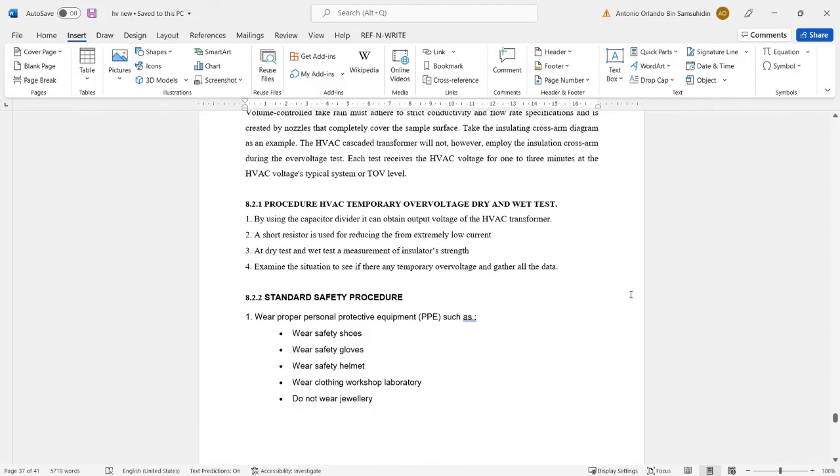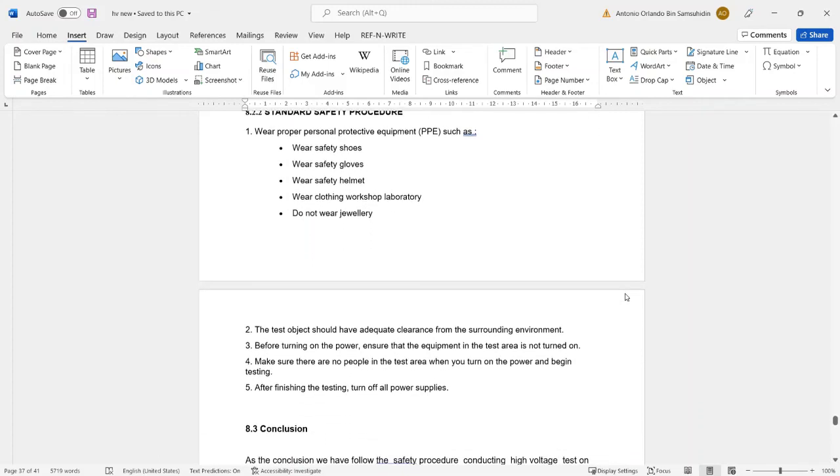For the standard safety procedure, we have proper personal protective equipment (PPE): we wear safety shoes, safety gloves, a safety helmet, workshop clothing, and spectacles to cover our eyes, and make sure all the PPE is in good condition.